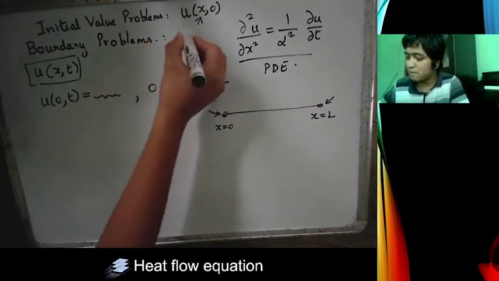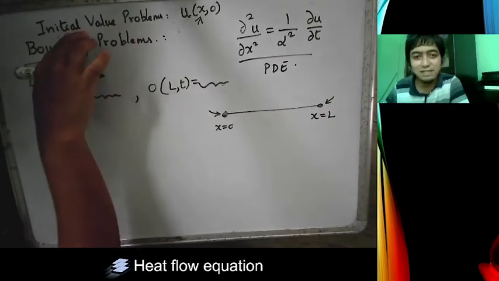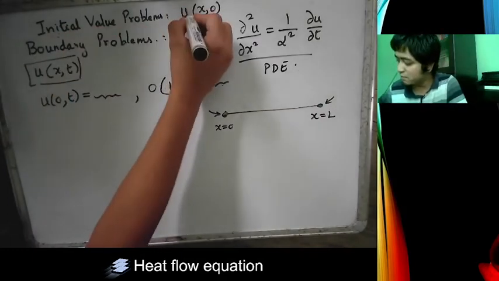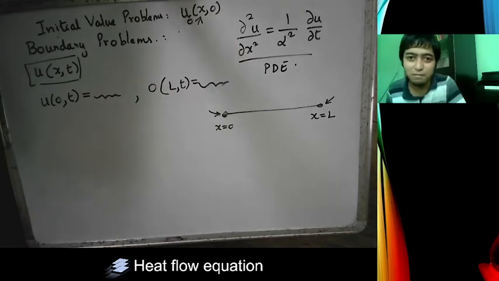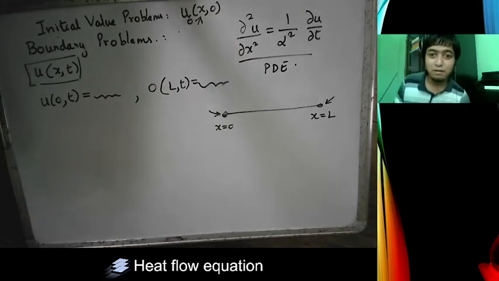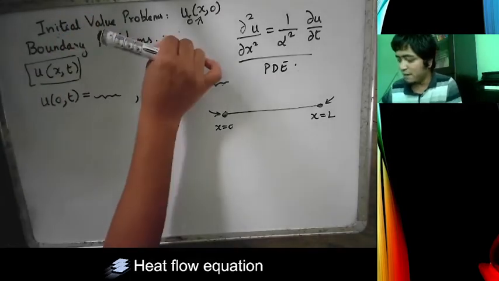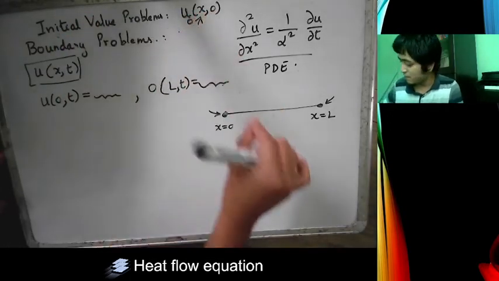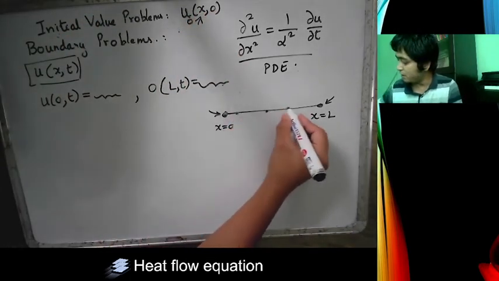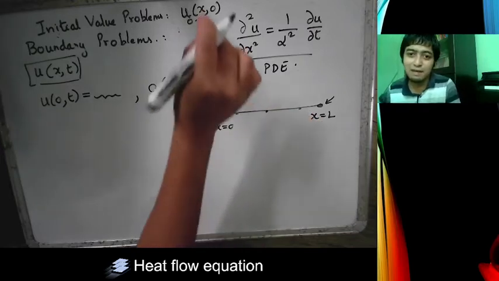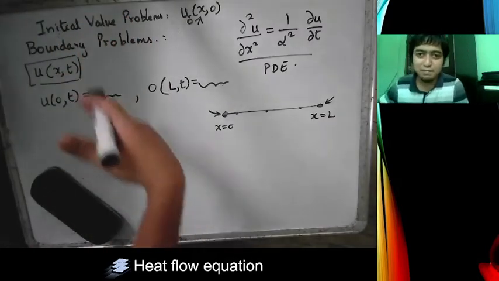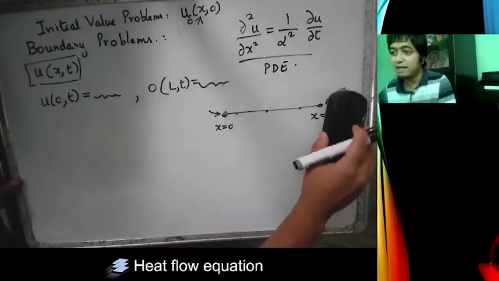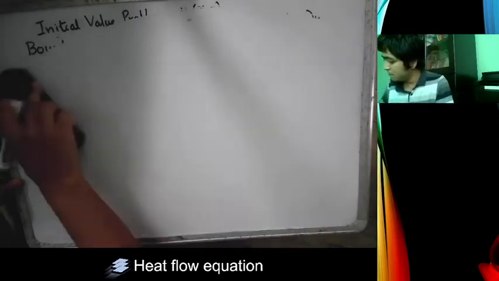Sometimes, because it is the initial value, we use u naught of x, 0. Again I repeat, we are specifying the temperature of each and every point of this rod at time equal to 0.